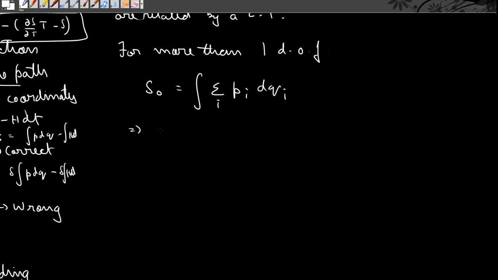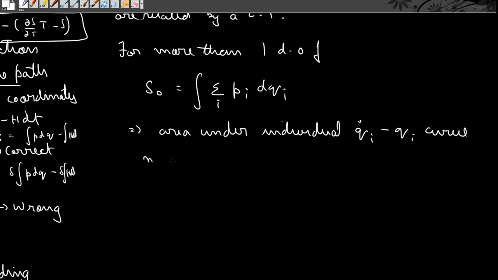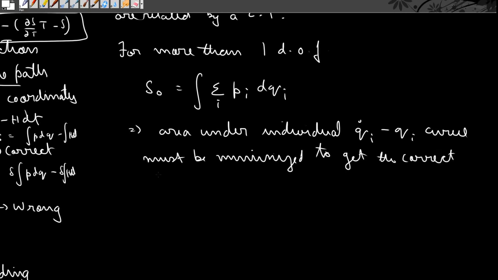Okay, which implies this represents area under individual q_i, p_i curves, and must be minimized to get the correct path. This is what the Maupertuis principle for higher degrees of freedom is going to say.